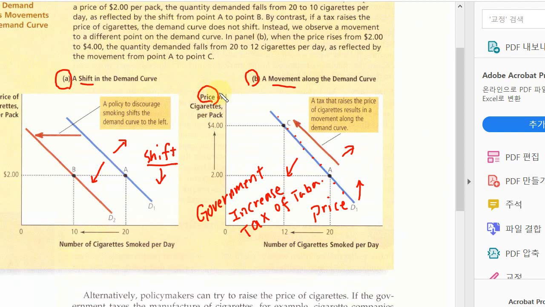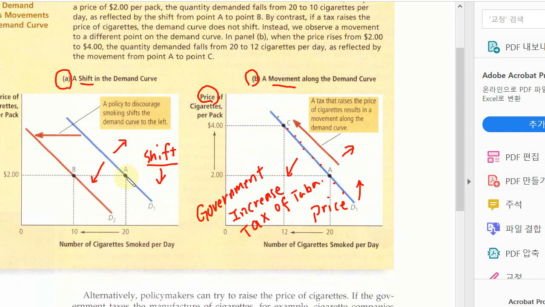Price is the cause which makes demand move around the curve. But on the contrary, the shift is different. Once the curve shifts, it is because of other factors which are not shown in the graph.